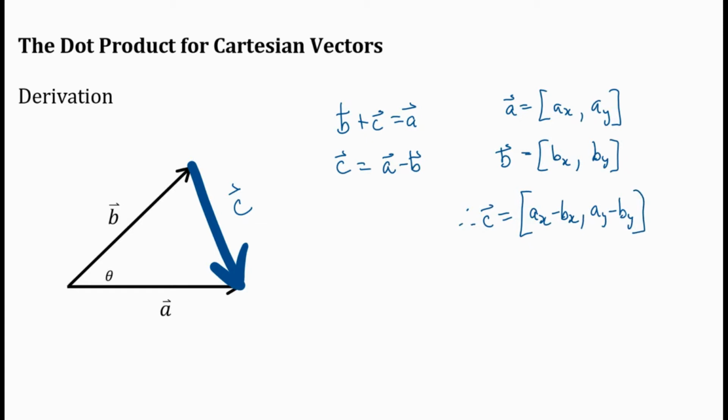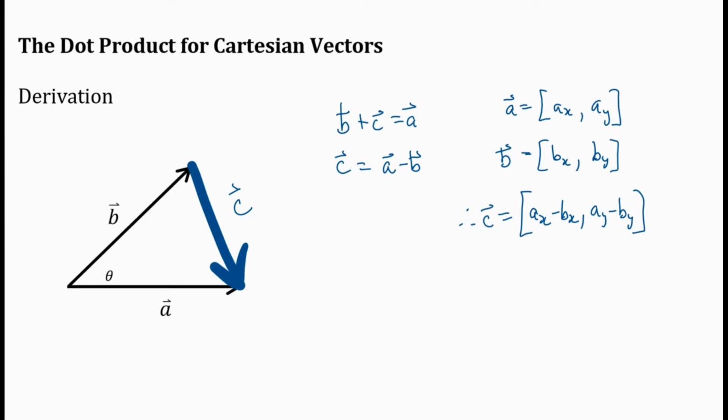Okay? And so I defined A and B just with general coordinates. I defined vector C and wrote out two different relationships between A, B, and C. And then I used Cartesian vector subtraction to define C in terms of A and B.